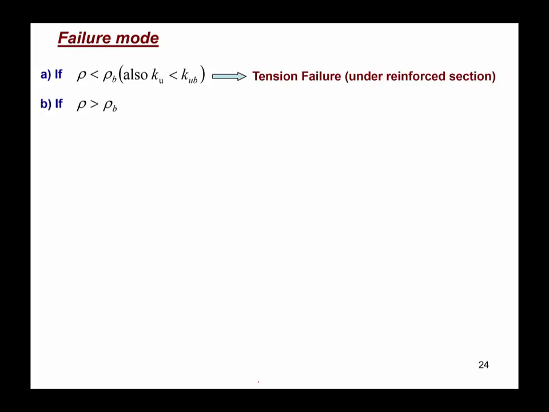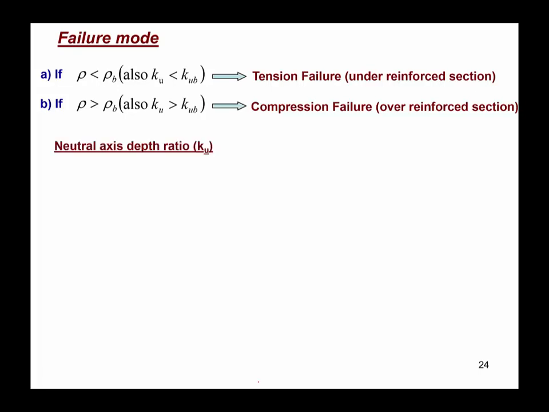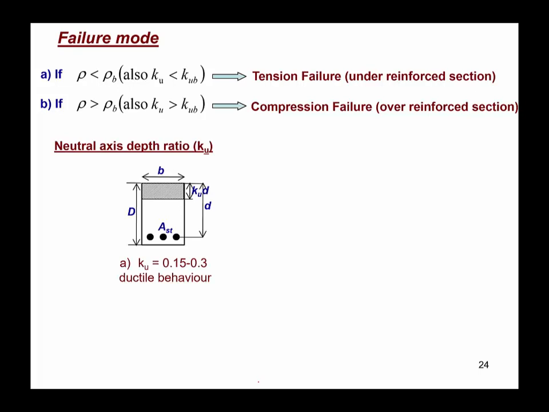Now if the reinforcement ratio rho is greater than rho b, that means the neutral axis depth is greater than that for the balance section, 0.545, we go into the compression failure mode, which is a brittle, undesirable kind of failure. So the neutral axis depth will look like this one. For the ductile behavior, the neutral axis depth looks something like this one.